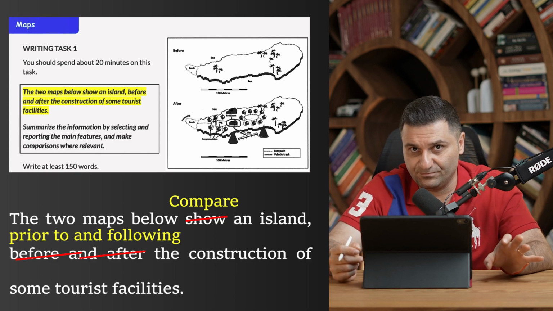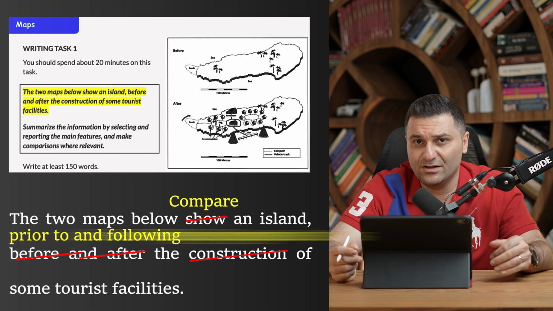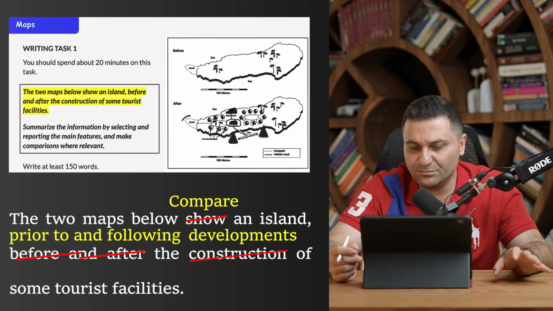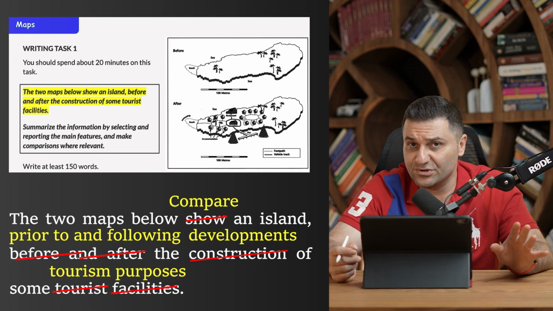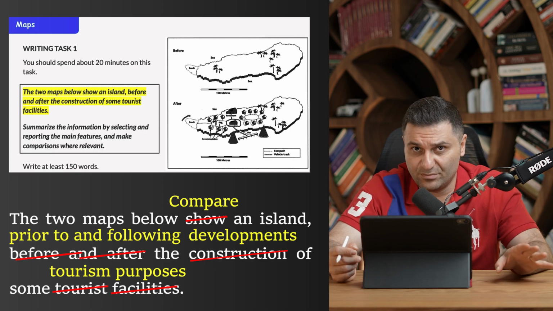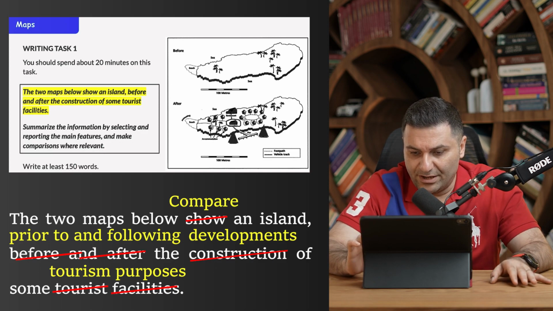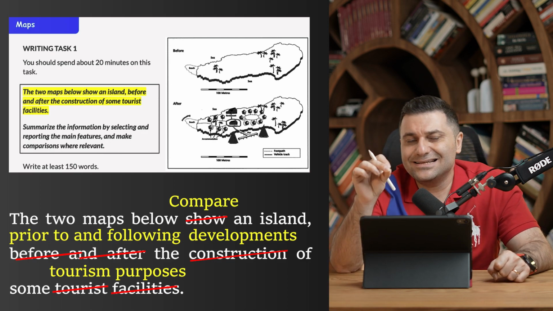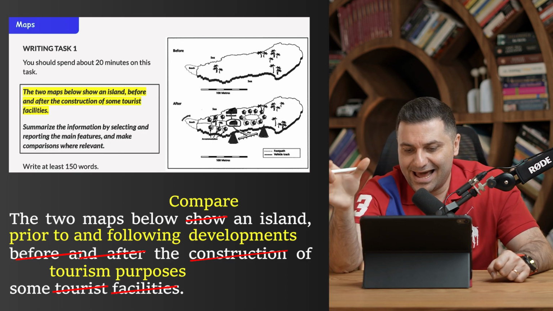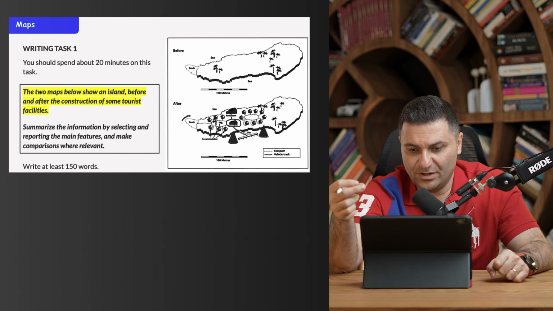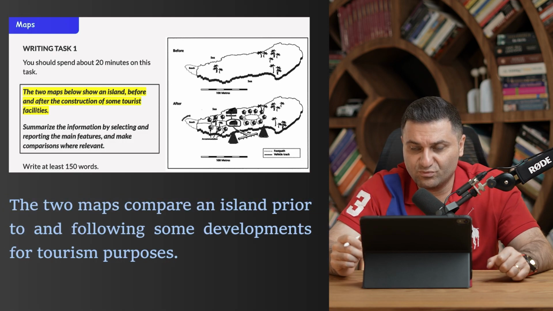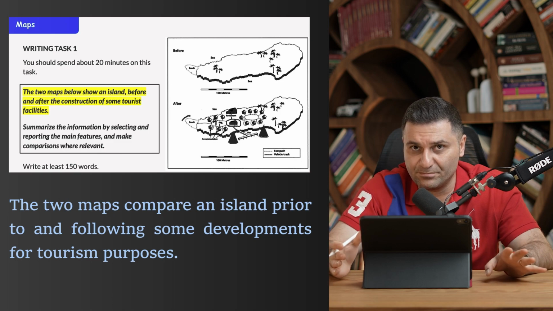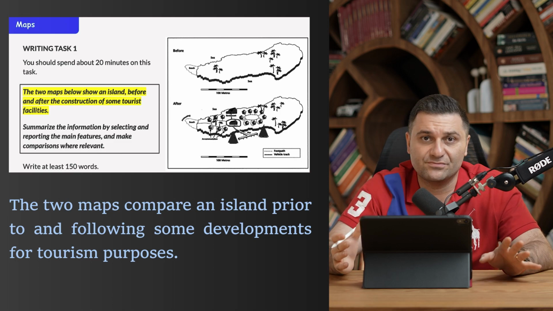The construction. Instead of construction, you can write developments of some tourist facilities. So instead of tourist facilities, you can write tourism purposes. Tourism purposes. All right. So we add another word, carried out, after developments, all right? And we complete our opening sentence. So it would be like this. The two maps compare an island prior to and following some developments carried out for tourism purposes.